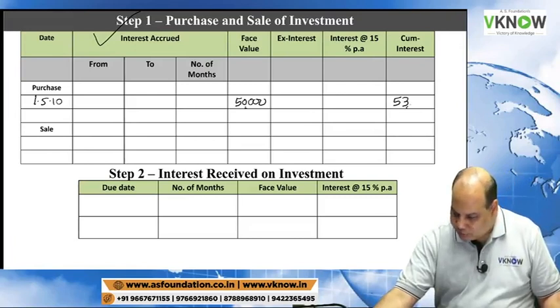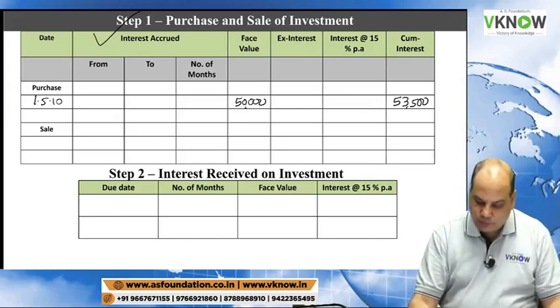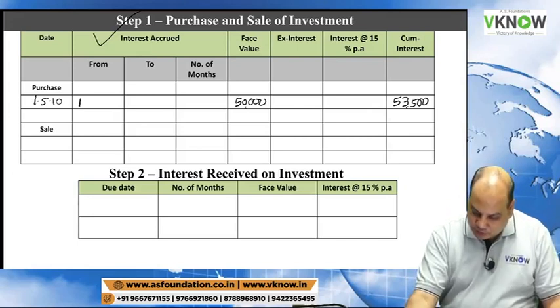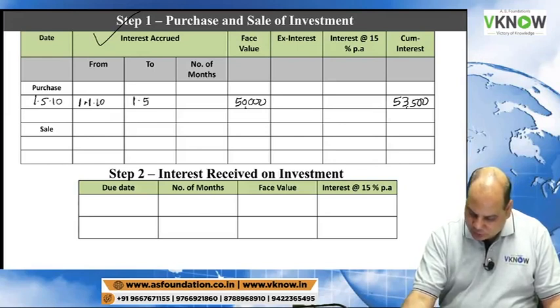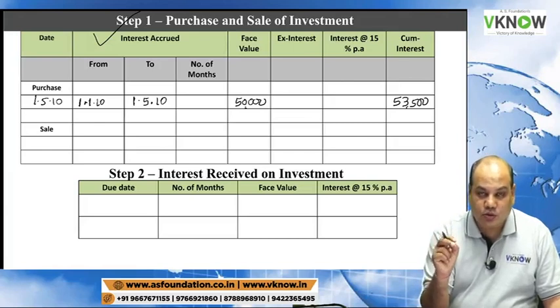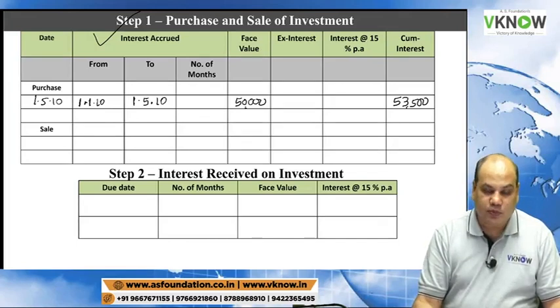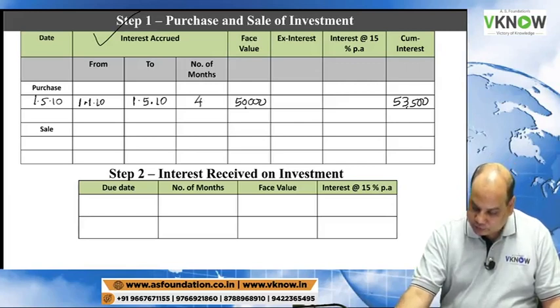So 53,500 here. Count the number of months from 1st January 2010 to 1st May, because interest payment date is 30th June and 31st December. So up to December the interest is already paid. So count January, February, March, April, 4 months.